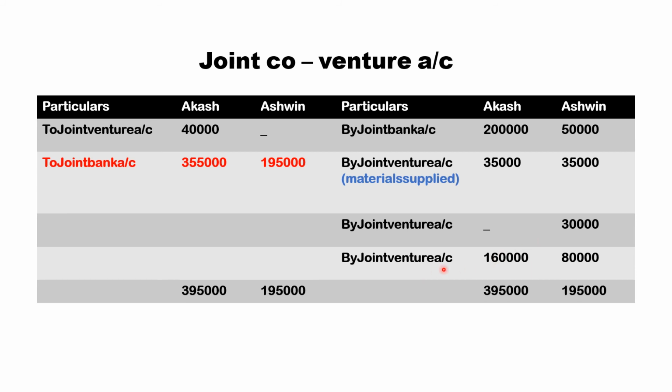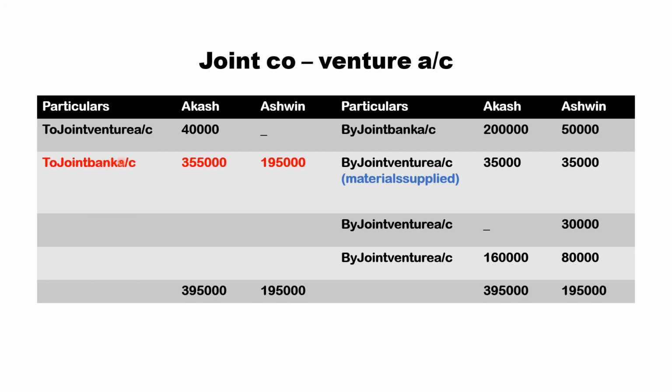Next, by joint venture account, the profit distributed among the partners. So joint venture shows a profit of 2,40,000. So 2,40,000 is to be distributed in 2:1 ratio. So thereby Akash gets a share of profit 1,60,000. Ashwin gets a share of profit 80,000.